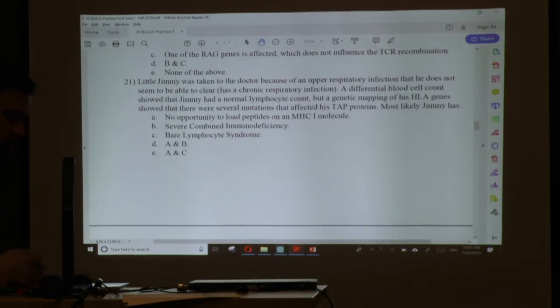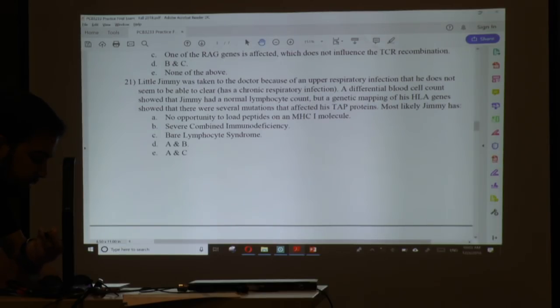All right. So little Jimmy was taken to the doctor because of an upper respiratory infection that he does not seem to be able to clear. A differential blood count showed that Jimmy had a normal lymphocyte count, but then when they did a genetic mapping of his HLA genes, so basically the MHC genes, he showed several mutations that affected his TAP proteins. Most likely he will have what?